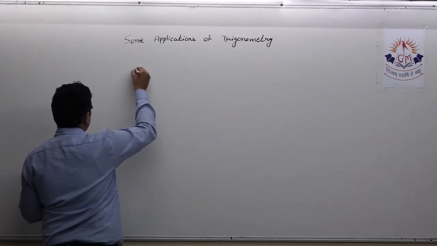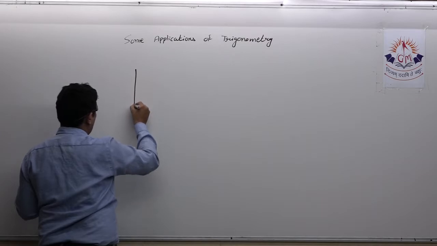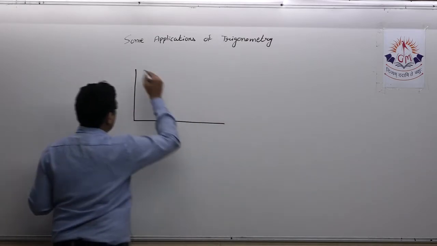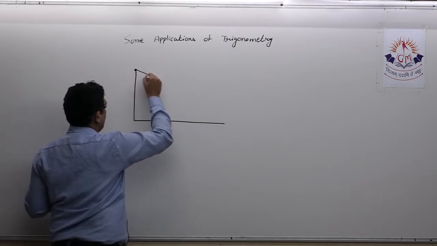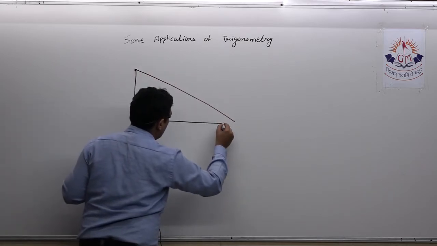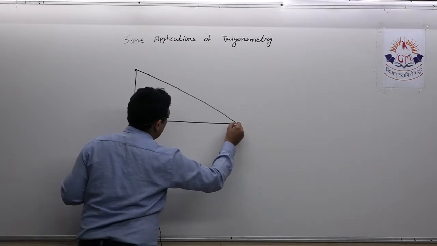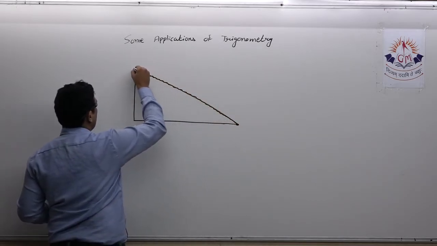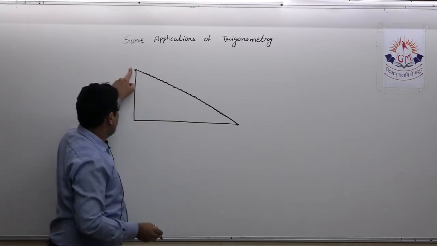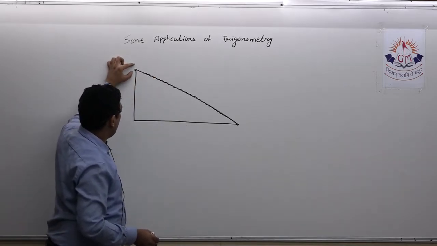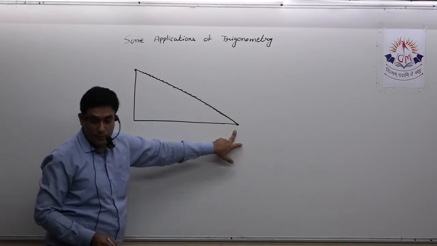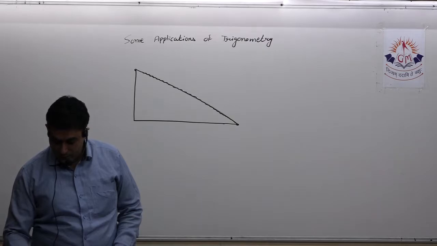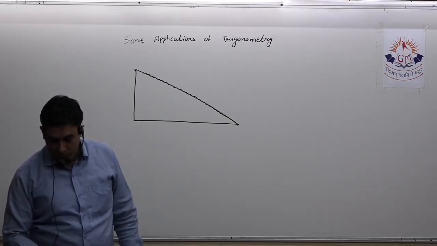So you have to imagine that a circus artist is climbing on a rope like this. It is tightly stretched between the top of the pole and a point on the ground. Now further, find the height of the pole.